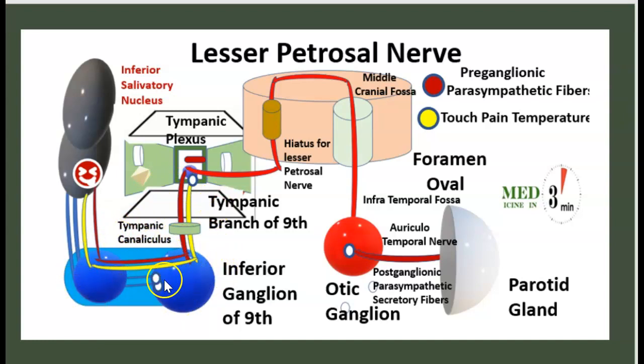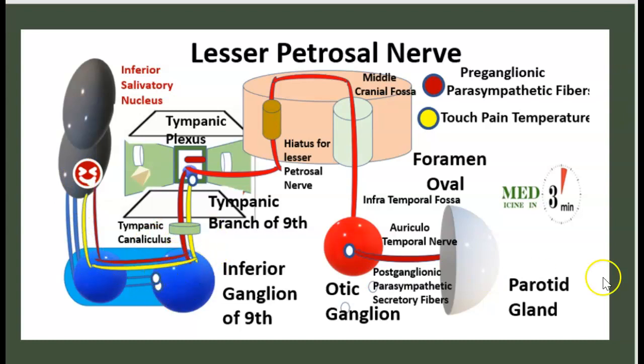Inside the jugular foramen, there are two ganglia, the superior ganglion and the inferior ganglion. Fibers coming from the inferior salivatory nucleus go to the inferior ganglion.